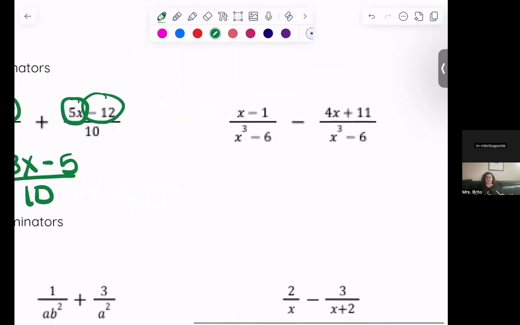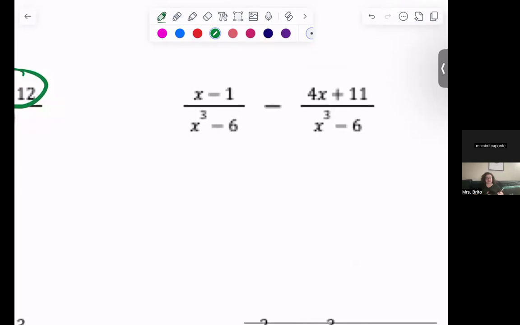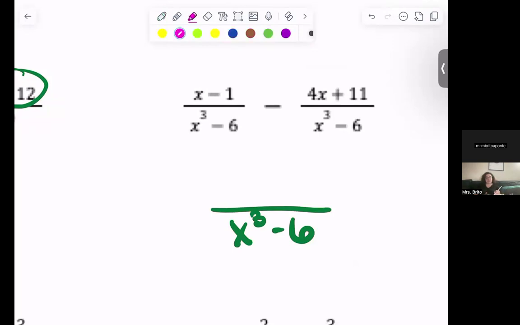Even when we're subtracting, it's still the same idea. We're keeping our denominators the same, part out of whole minus the part out of whole. But we do have to be careful when we're subtracting to make sure that we're subtracting everything in that second number. So if I'm doing x minus 4x, I'm going to get negative 3x.